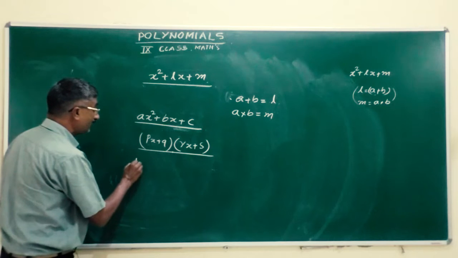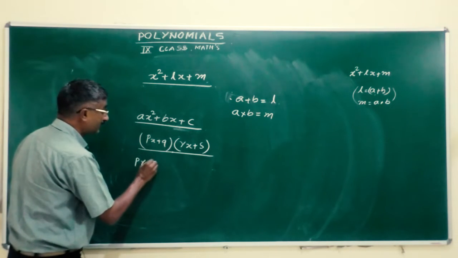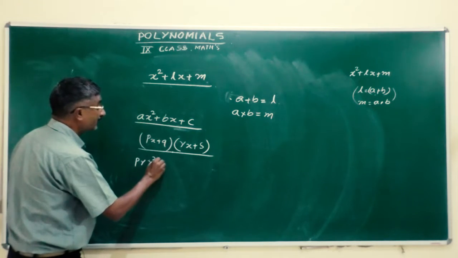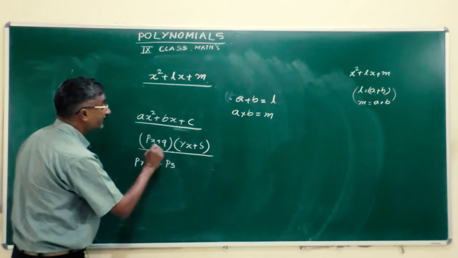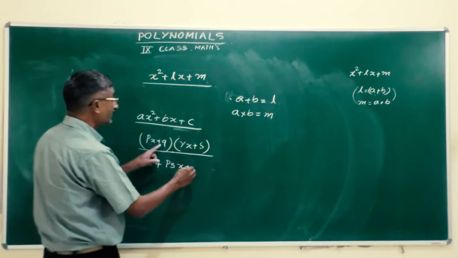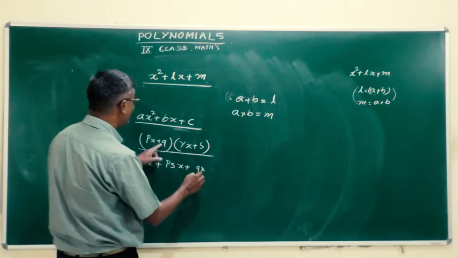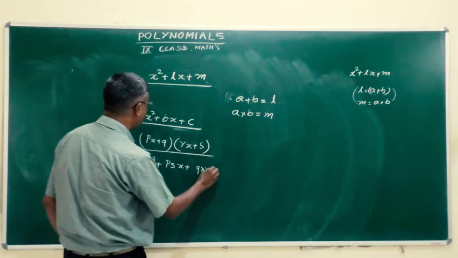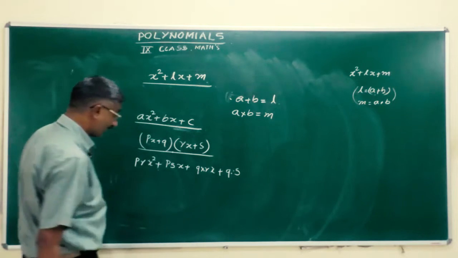So p into r x square plus p into s x plus q into r x plus q into s.